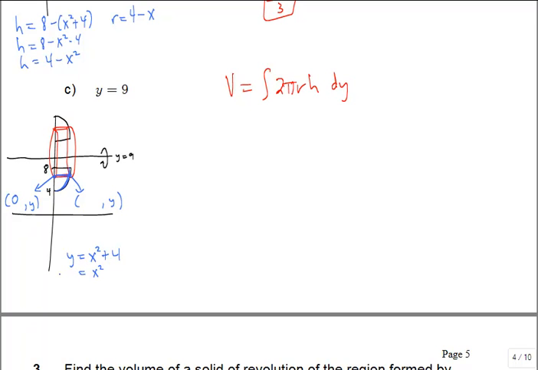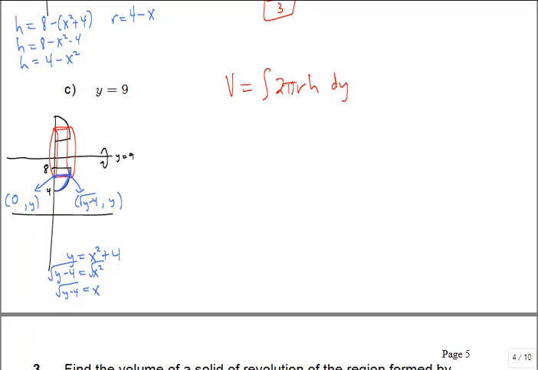So if I subtract 4 and take a square root of both sides, you get that plus and that minus case. And in quadrant 1 here, the plus case is what we want for this right-hand side of our parabola. So we want the positive square root of y minus 4. The negative case would be the other half of the parabola over in quadrant 2, which we're not looking at.